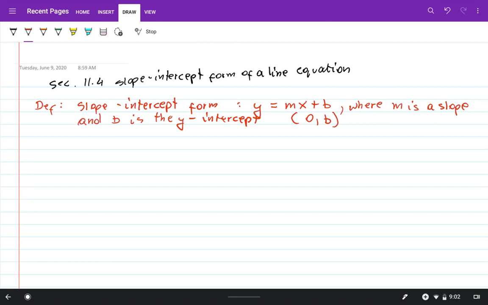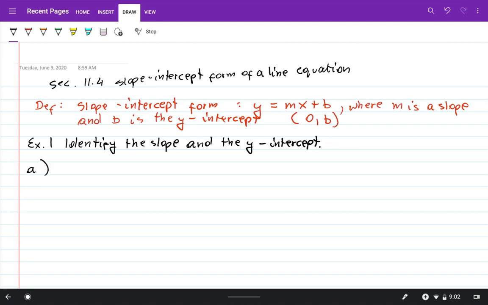Okay, so let's do an example. Identify the slope and the y-intercept. Okay, so we're going to do a couple examples.